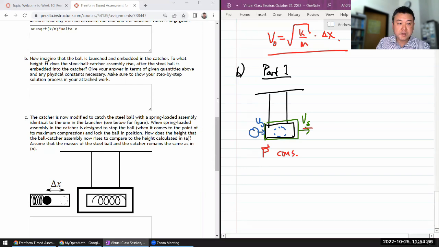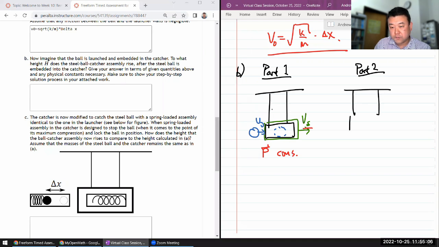You're not done there because it's asking what height it rises to. So you have to work out part two, where you reason through: I've got this thing of some mass, m plus M, moving at some speed v final, and it's going to swing up to some height. I guess this is how you should measure height. At this height, its speed will be zero.